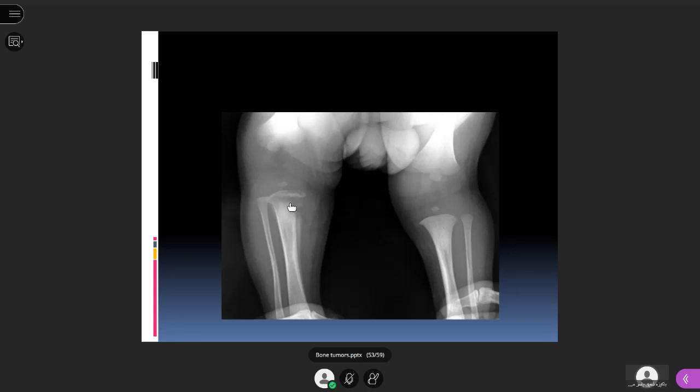If you compare the two tibia, the left tibia is normal looking, while the right tibia has focal loss of bone along its medial aspect. Along with that, there is a periosteal reaction. So these are the findings of acute osteomyelitis. These are the early findings.